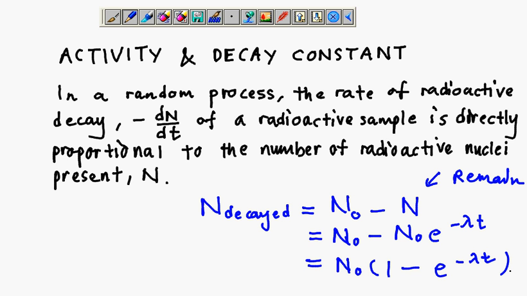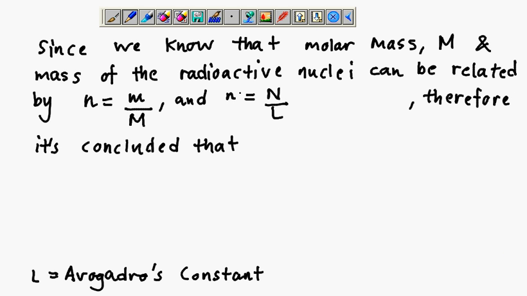In a random and spontaneous process, the rate of radioactive decay, negative dN/dt of a radioactive sample, is directly proportional to the number of radioactive nuclei present. So that's the conclusion we can make. And since we know that molar mass big M and mass of the radioactive nuclei can be related by n equals mass over molar mass, and n equals number of nuclei over Avogadro's constant, therefore we can also write this expression in this way.